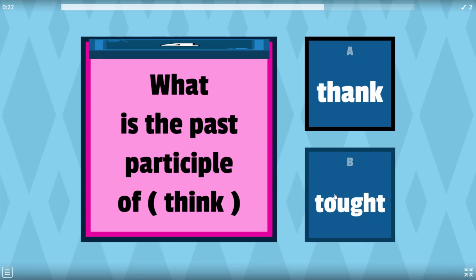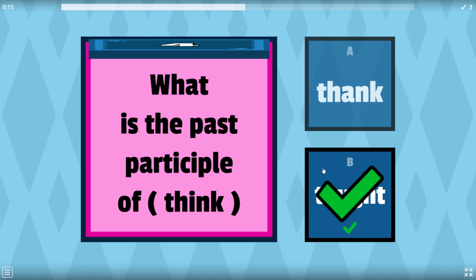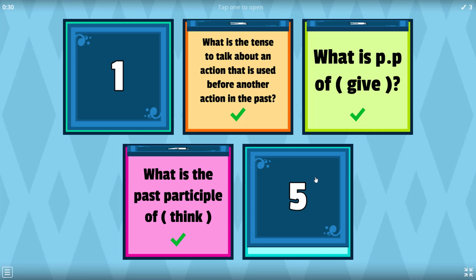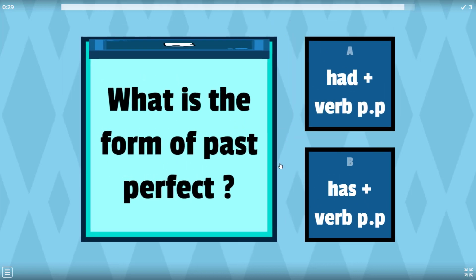That's wrong, it should be written thought, T-H-O-U-G-H-T. And 5. What is the form of past perfect? Had plus verb past participle or has plus verb past participle? No, it is past, so it should be had.